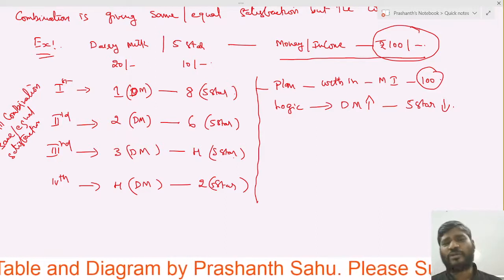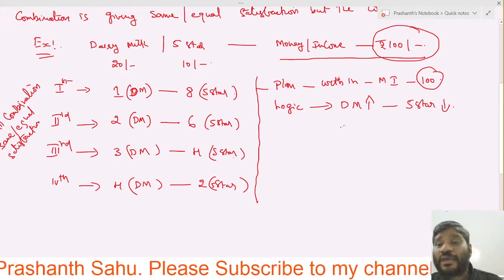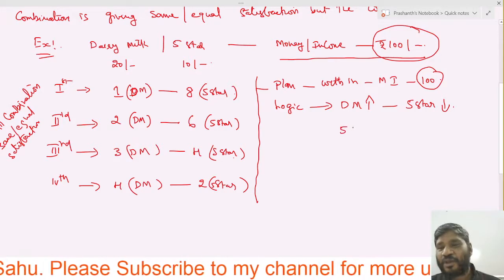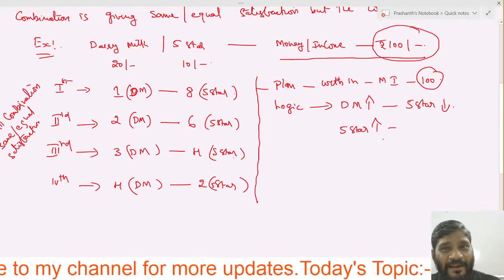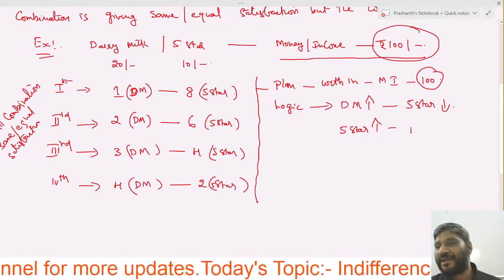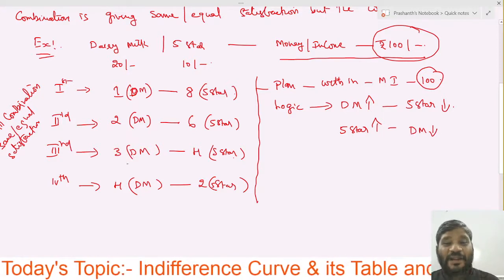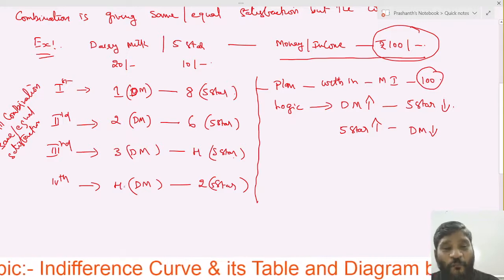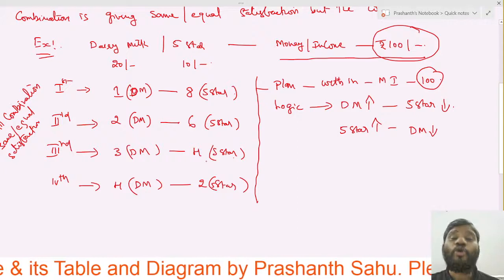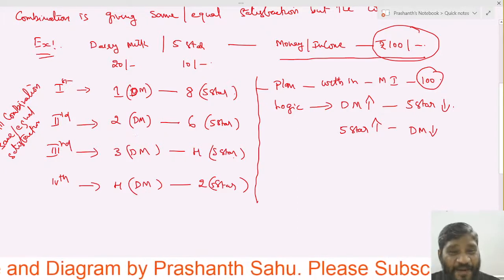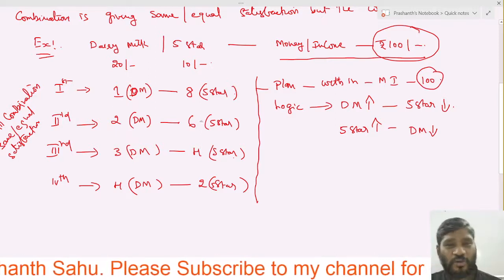In another way also we can tell it. For example, if he wants to increase the 5-Star, then yes, he has to decrease the Dairy Milk. If he decreases the Dairy Milk from 4 to 3, then only he can increase the 5-Star from 2 to 4. If he decreases the Dairy Milk from 3 to 2, then only he can increase the 5-Star from 4 to 6.